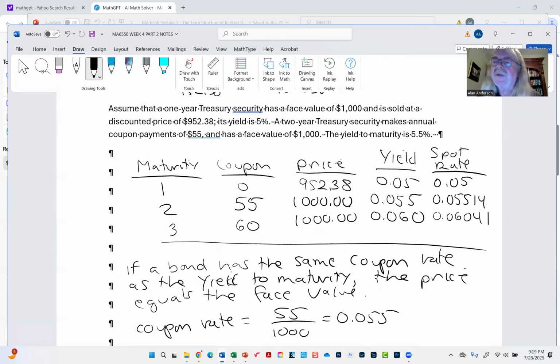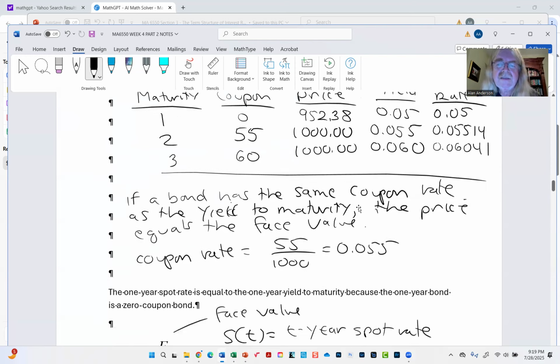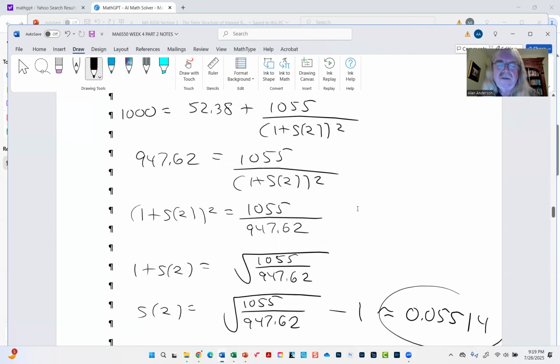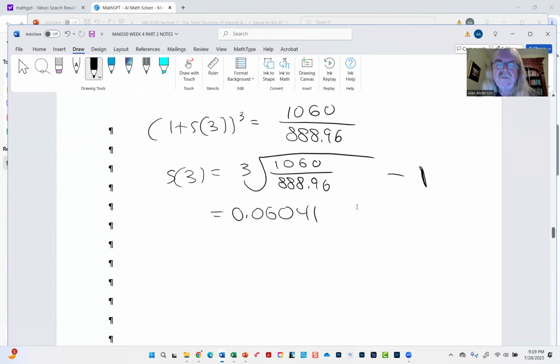And then we can keep going from there. No matter how many more there are, we can do this in the exact same way. So we've got the yields and the spot rates. Now there's some interesting things going on here. We're going to take a look at them real fast.